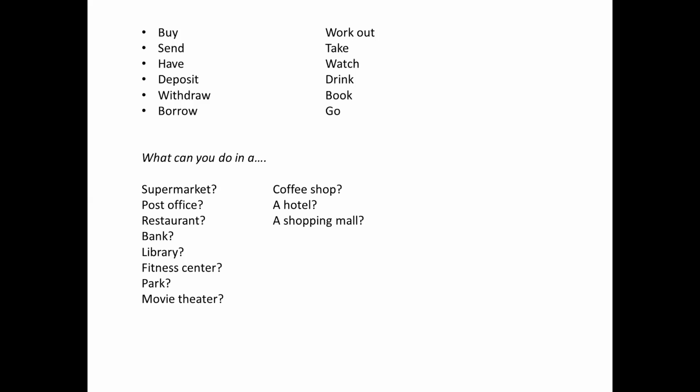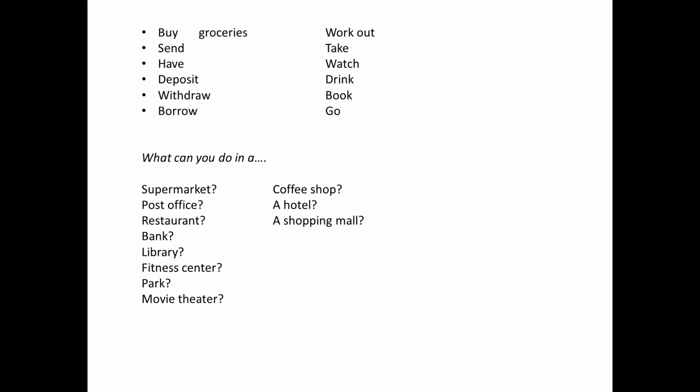We need 1 or maybe 2 more words, right? What can you buy in a supermarket? You can buy groceries. So the correct answer would be, in a supermarket, you can buy groceries. Now, groceries is just a word meaning food and drink and other items you can buy in a supermarket. Altogether, those are called groceries.